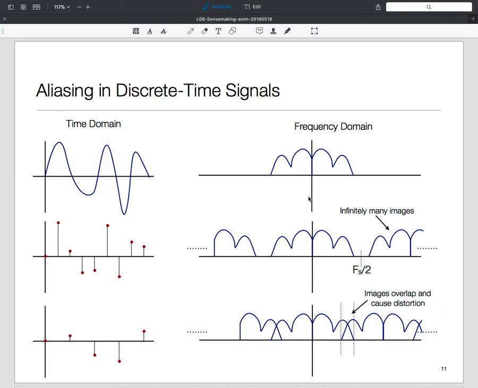If the sampling frequency is not high enough, these replicas begin to collide, and your signal gets distorted. So you can never recover it. To make sure that this doesn't happen, usually in front of the A to D converter there would be an analog filter which will make sure that the signal content is kept within bounds.